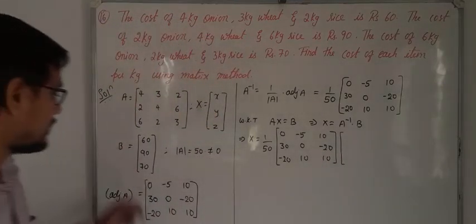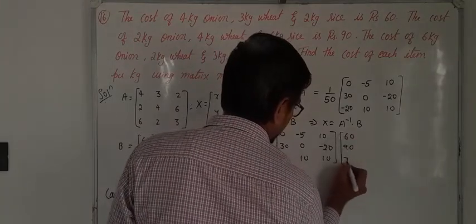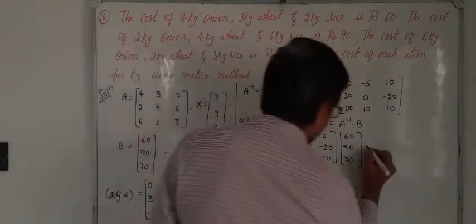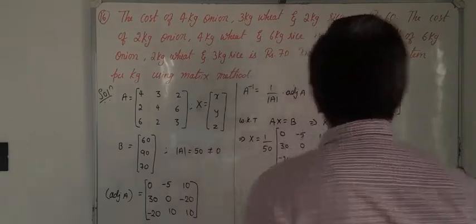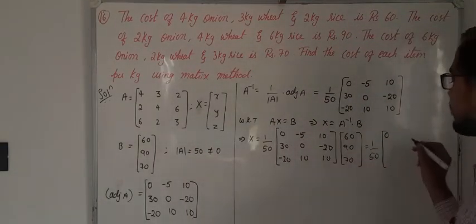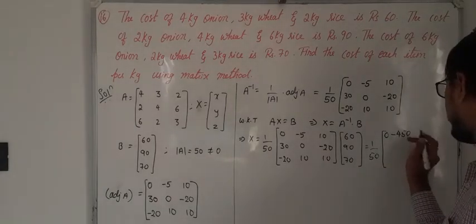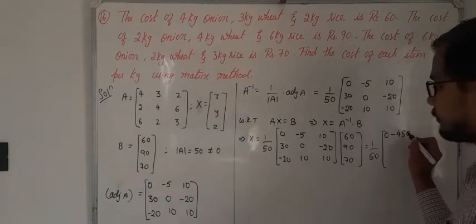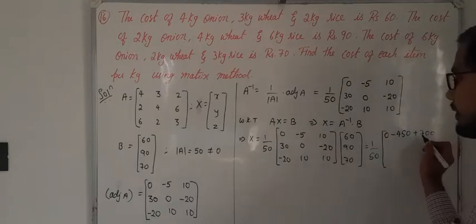B is 60, 90 and 70. Okay. So this can be written as 1 upon 50. 0 into 60 is 0. 5 into 90, minus 5 into 90, minus 450. Minus 450. And 10 into 70, plus 700.